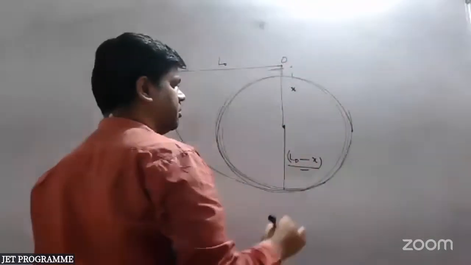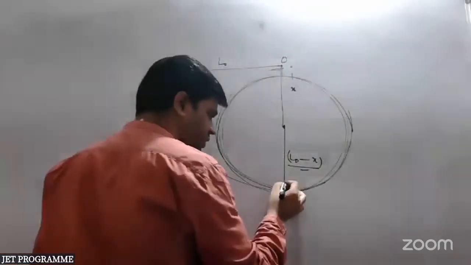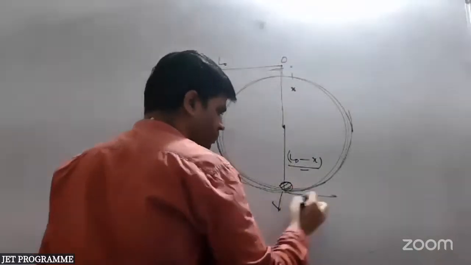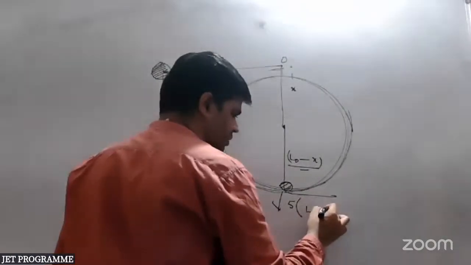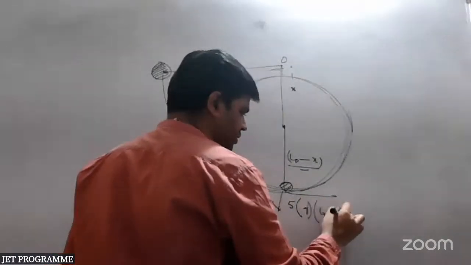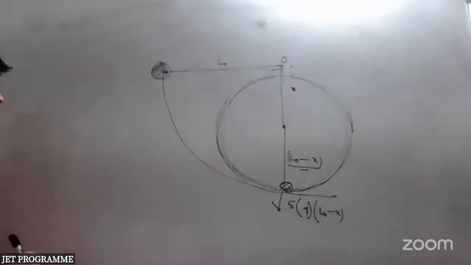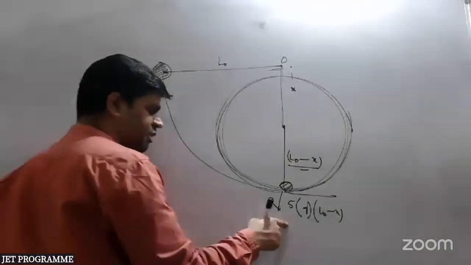Yes, sir. Right. Now, once the radius is L naught minus x, the minimum speed over here for the particle should be root of 5 g effective r, where g effective is g here, and r is L naught minus x. Minimum speed should be this much for it to loop the loop.